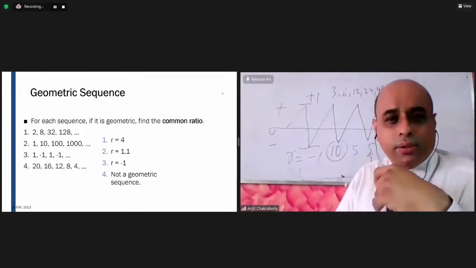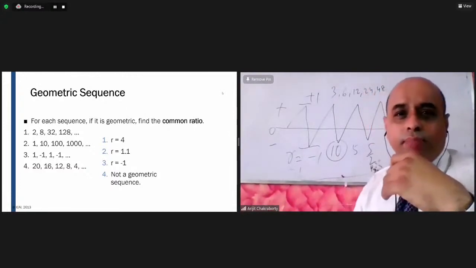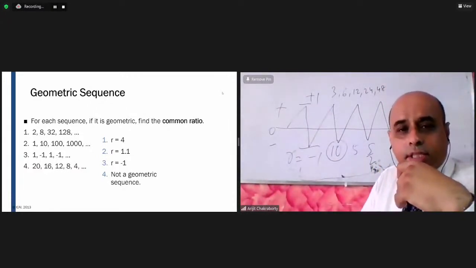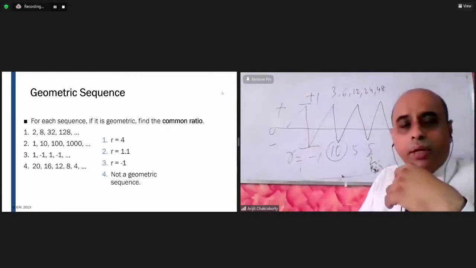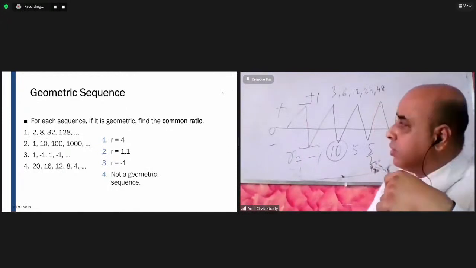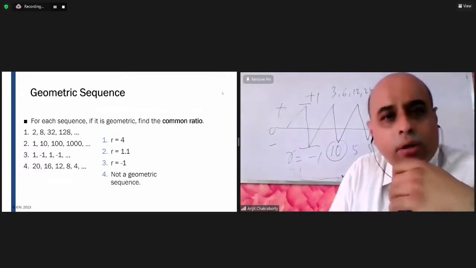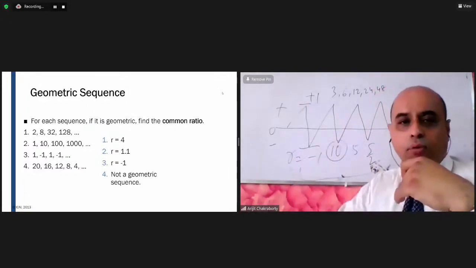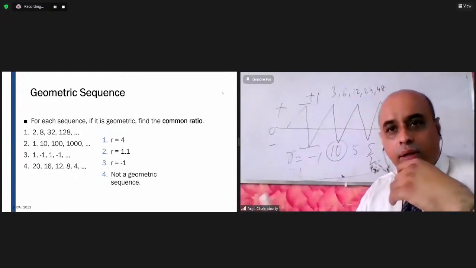Now in calculus, I don't know whether you have done calculus, this is the maxima minima concept. The maximum value which this expression can take is +1 and -1. So when you have -1 as the common ratio, we cannot call it a progression. It's a sequence because yes, the numbers will be 1, -1, 1, -1 in this way. It will alternate.